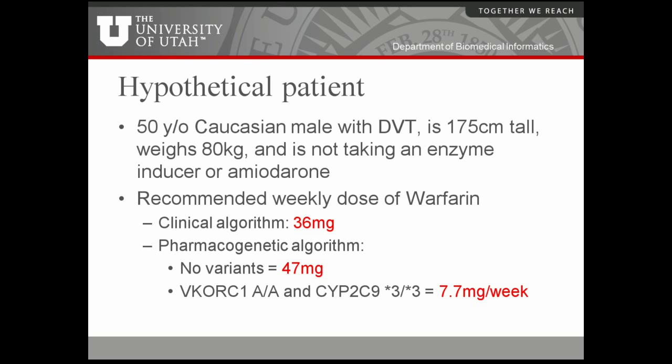And what Jonathan found in his calculation was that the clinical and pharmacogenetic algorithm with no variance predicted a relatively high amount of warfarin per week for this patient, but accounting for the two enzyme variants that this patient possesses, which actually allude to very poor warfarin metabolism, it recommends a much lower dose per week to account for that fact.